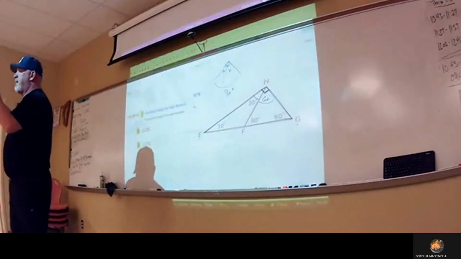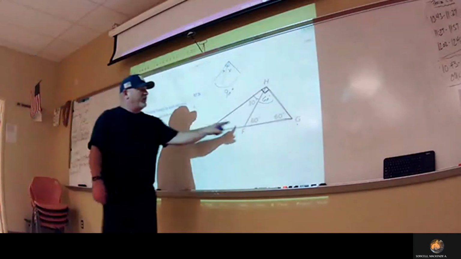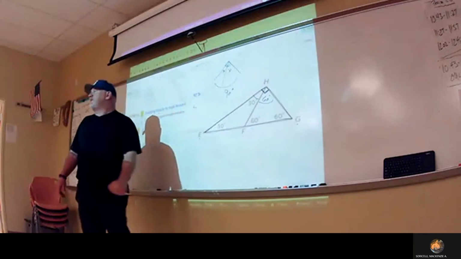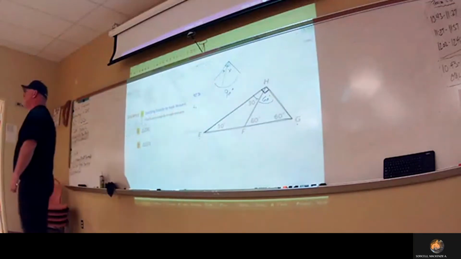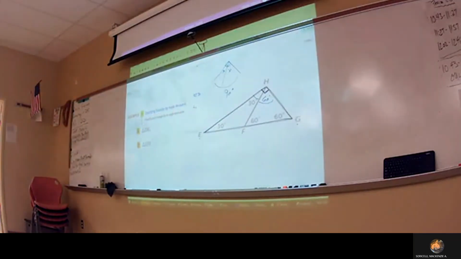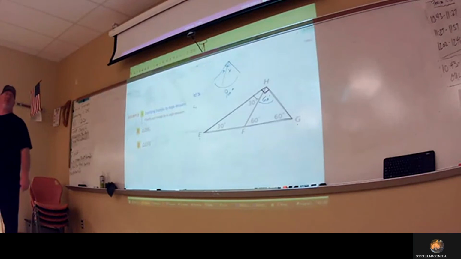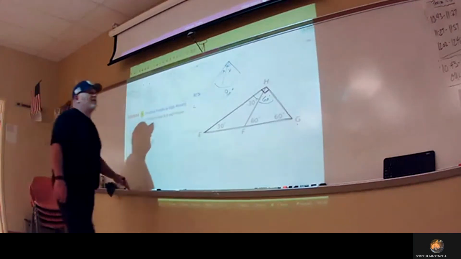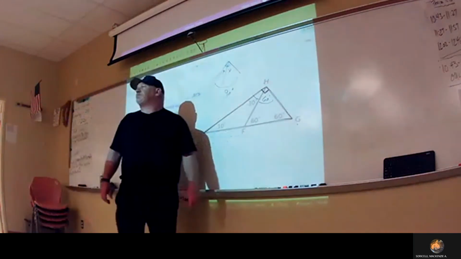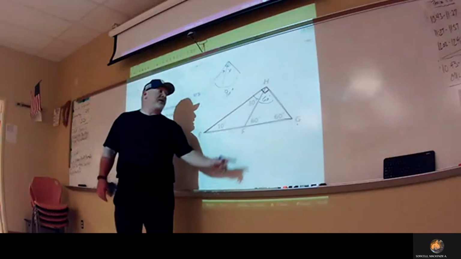Jordan? What do you think the measurement of this angle is? All right, let me ask you this. What is the measurement of a straight line? 180. And what did they tell us here?